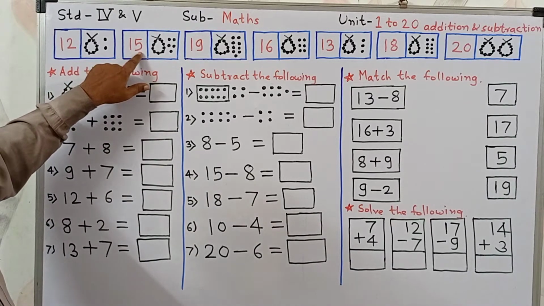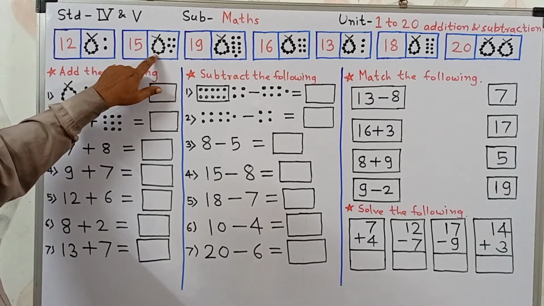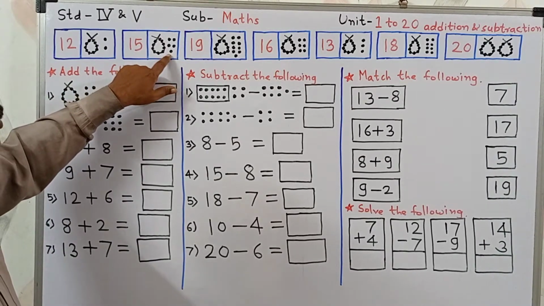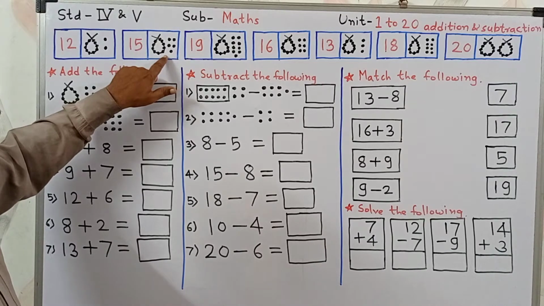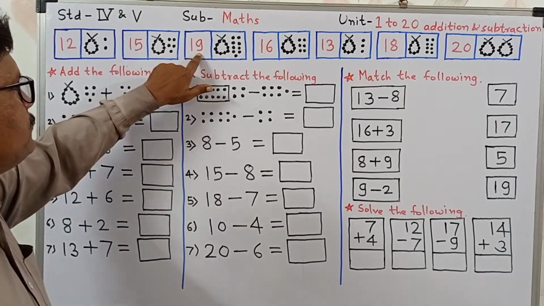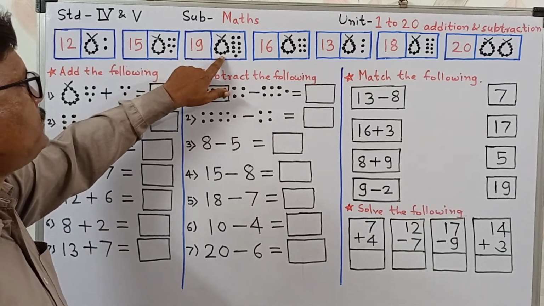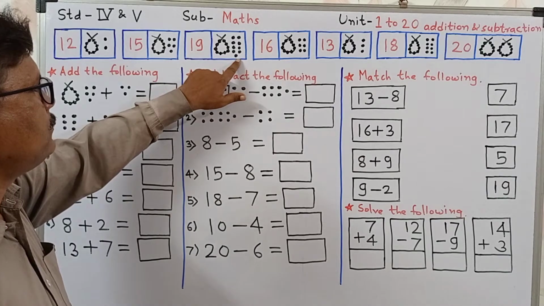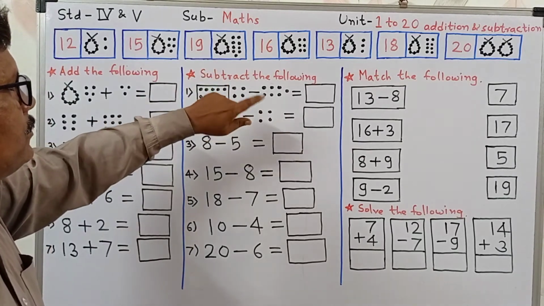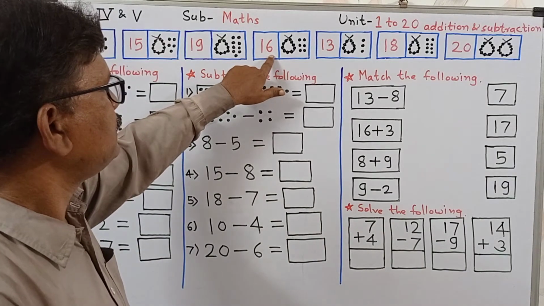Ten and 5 units, 15. Good. Ten and 9 units, 19. Good. Ten and 6 units, 16.